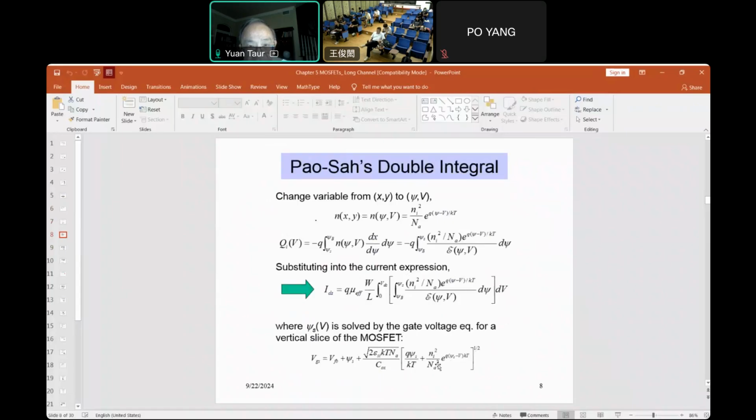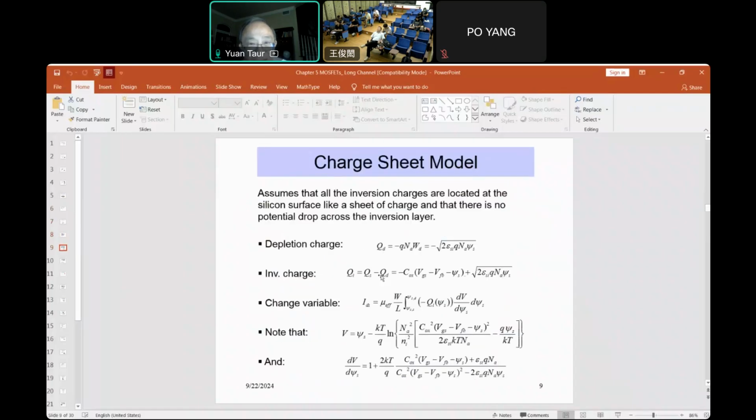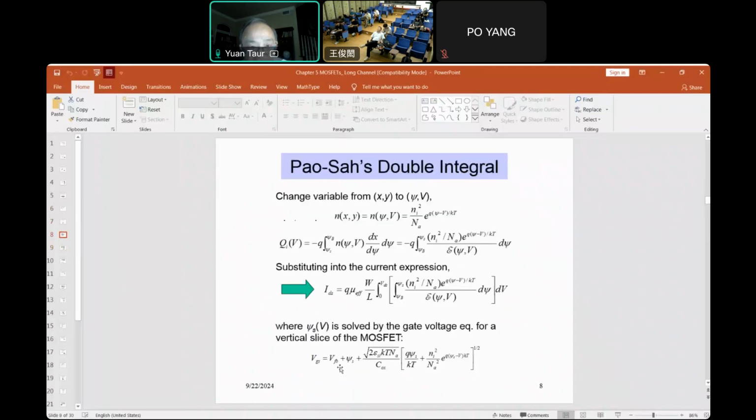So we say the inversion charge is this total charge minus the depletion charge in this model. We know the total charge because total charge is given by VGS minus VFB minus psi s times Cox. As a function of gate voltage, you can move the first two terms to the left side and multiply by Cox, and that's the total charge.